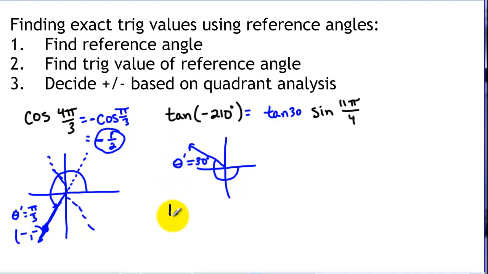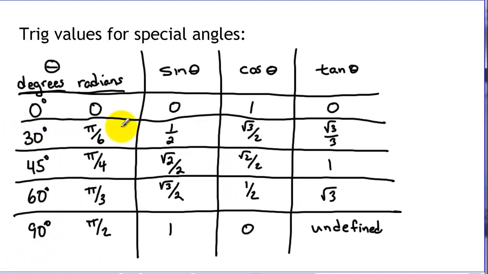Well, the tangent in the unit circle is y over x, and we're in quadrant 2. In quadrant 2, our y's are positive and our x values are negative. So the tangent in quadrant 2 is negative. So again, we need to make this negative tangent of 30. And we'll look up in our table the tangent of 30, and we get radical 3 over 3.